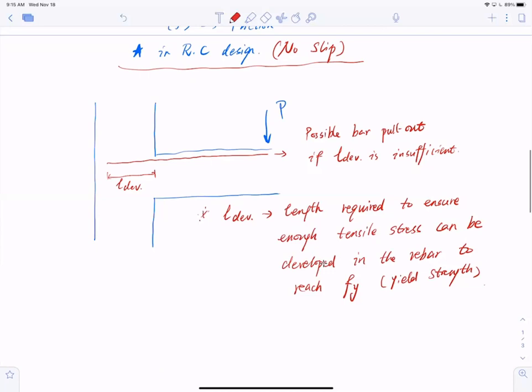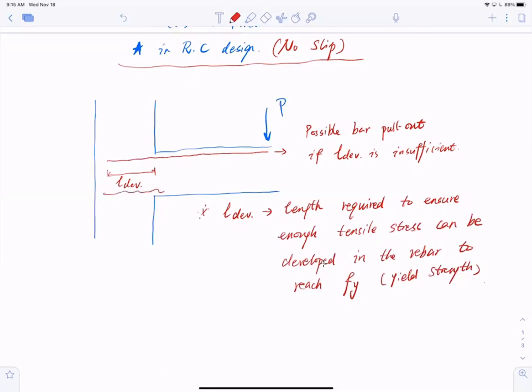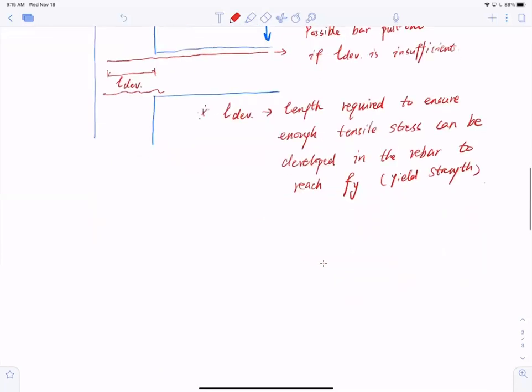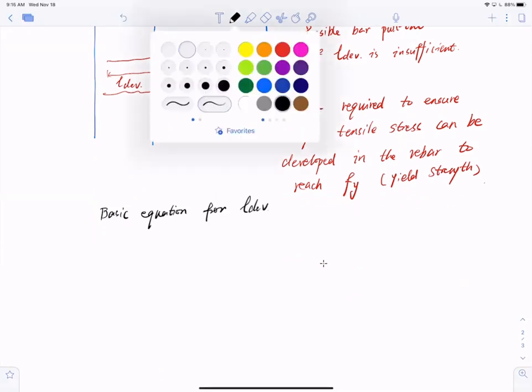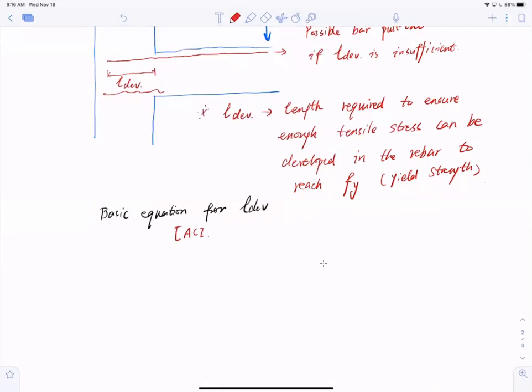And this development length can be calculated, and ACI provides a basic equation for it as well. The basic equation for development length is given by ACI 25.4.2.1, and also 25.4.2.3, and I'll explain why I have two places.